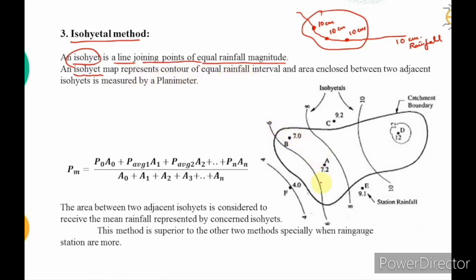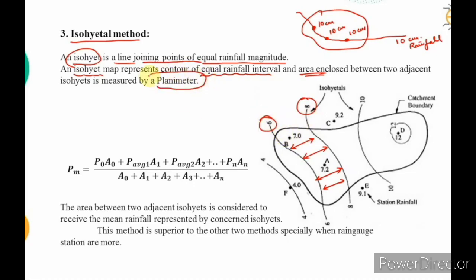An isohyet map represents contours of equal-interval isohyet lines. It means if the first contour line's value is 6 cm and the next isohyet's value is 8 cm, then the interval between the two isohyets is 2 cm, which remains constant. That means equal rainfall intervals, and the area enclosed between two adjacent isohyets is measured by a planimeter.